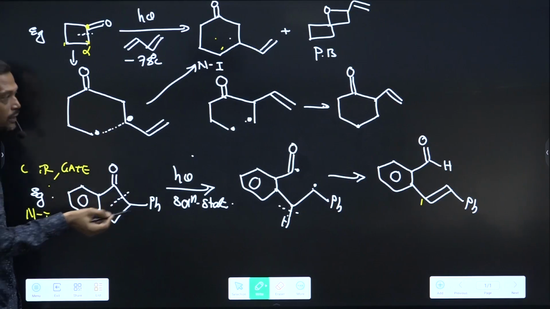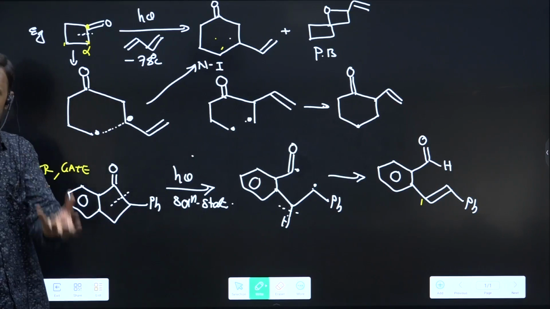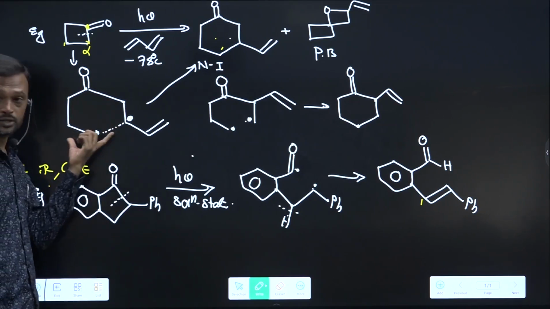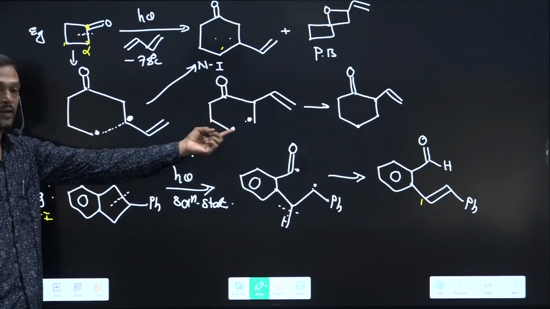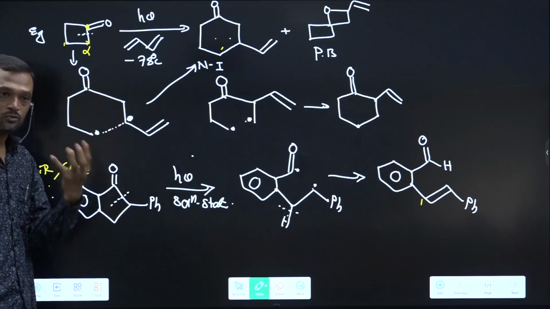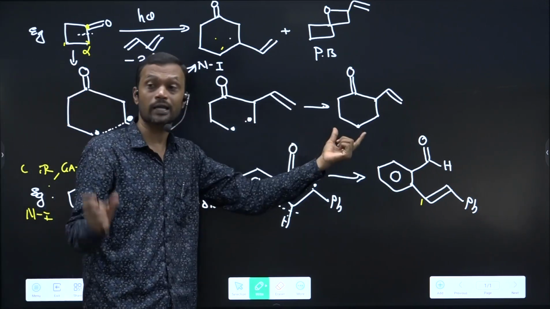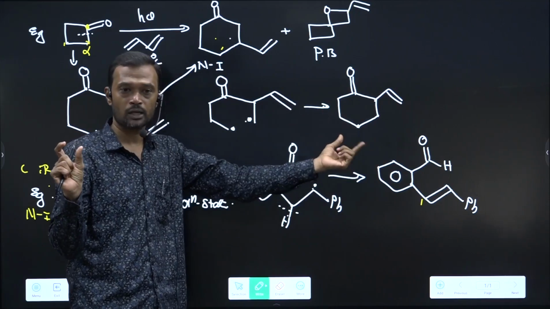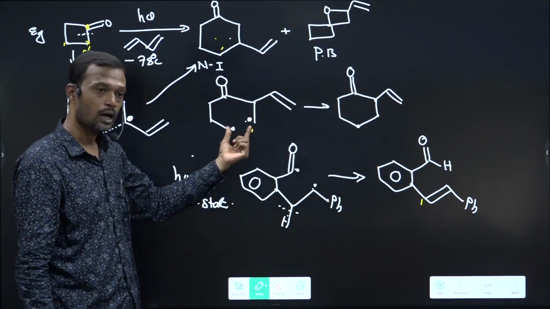If lifetime is not there, these two will not survive. Lifetime is very less, so the percentage is less. As lifetime increases, coupling interaction increases. More coupling interaction, more product. Here lifetime is very less. For an unstable biradical they will couple very fast, so the yield is very low. It is also possible, but the yield is very low because they are produced from an unstable biradical.